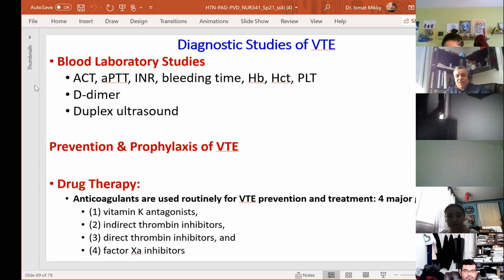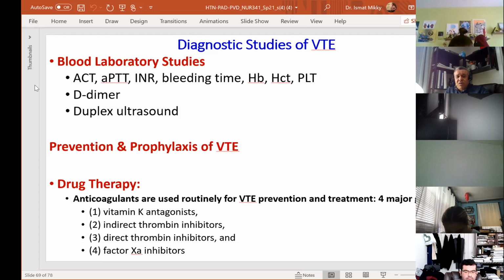Medications, we have 4. You can compress these 4 classifications into 3. The first one is the vitamin K antagonist. The second and the third are thrombin inhibitors, either indirect or direct. And then the last one is the factor Xa inhibitors.